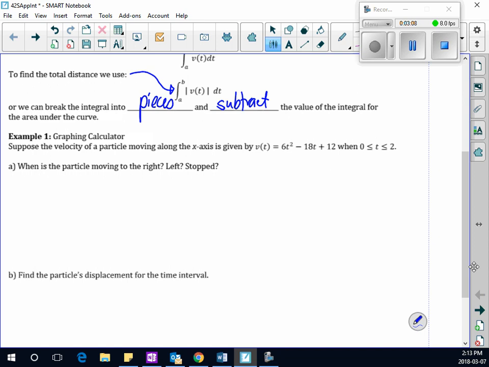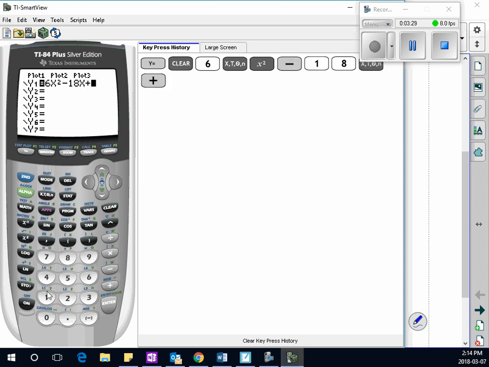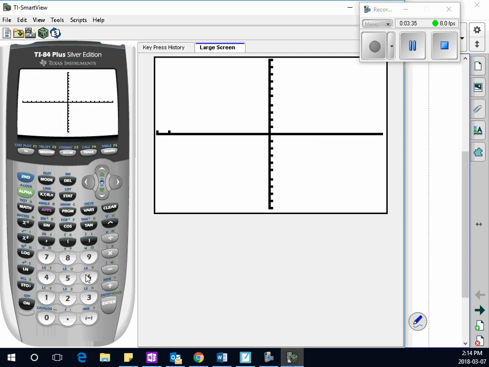Okay, so let's get our graphing calculator out. We need to put this into y1. So we are going to be putting 6t squared, well, in this case 6x squared, subtract 18x plus 12. Now if I go to large screen, and if I go zoom 6, we're not going to see the best viewing window.